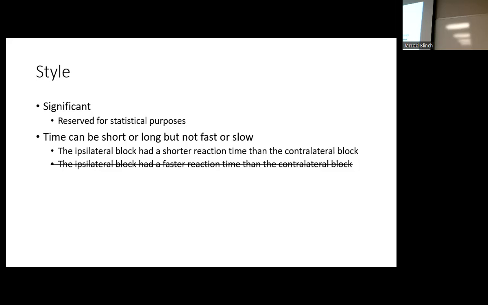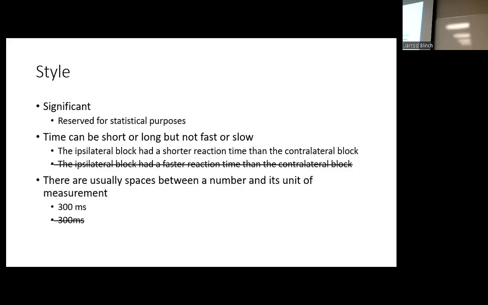Than everyone else. The other one, I don't know, it's just popular nowadays to not put spaces between the number and its units. But there should be for most measurement units. There are exceptions like degrees, or feet and inches, although you shouldn't be using feet and inches in APA because it should all be international units.